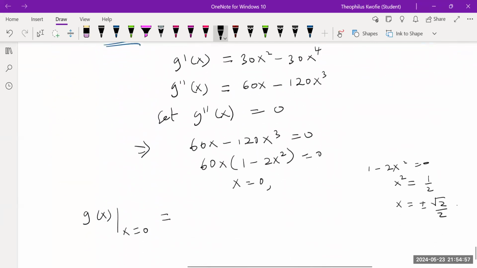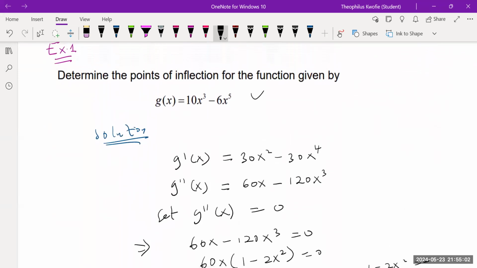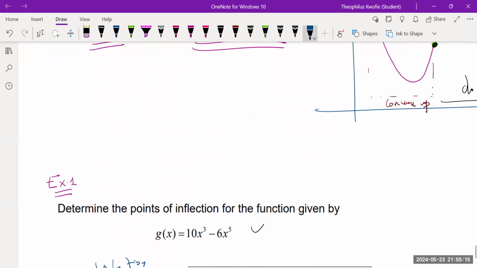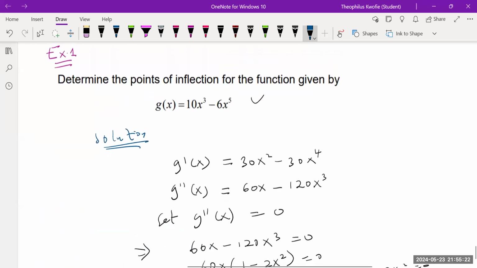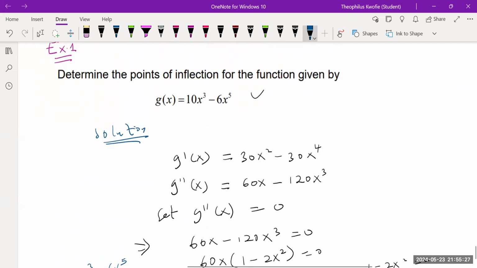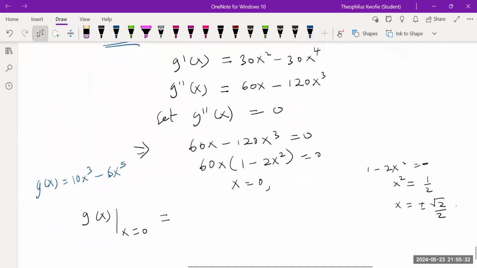Remember, our main function that we're given, let me use a different pencil here, is g of x equal to 10x to the power 3 minus 6x to the power 5. Is that okay? Good.